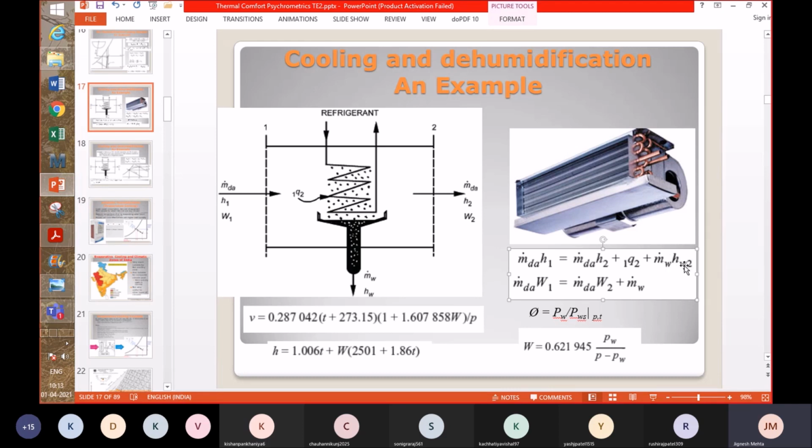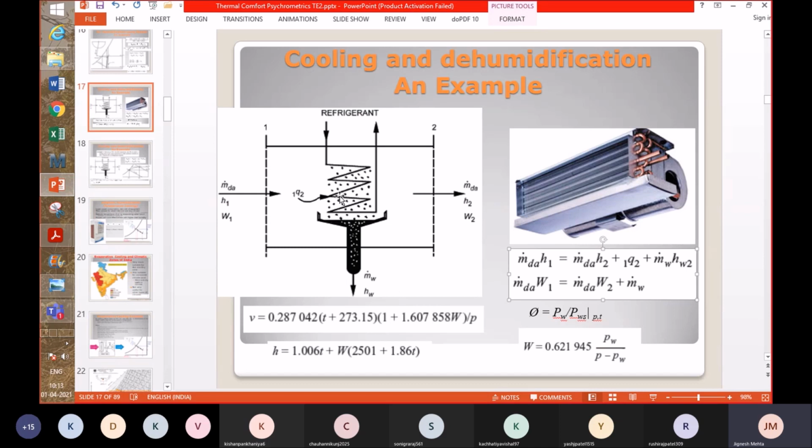Now mind well, this HW2, when it is coming out of the system, is only liquid water. So this enthalpy HW2 is that of liquid water at the given temperature, and it's not the water vapor enthalpy. So be very careful about this, it's the liquid water which is coming out of the system.